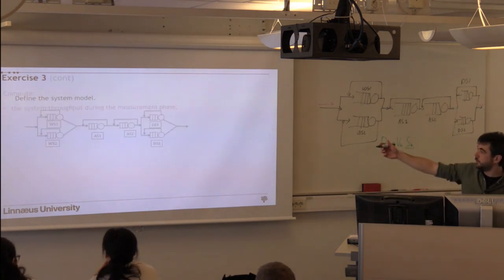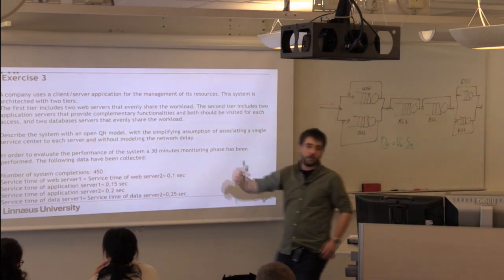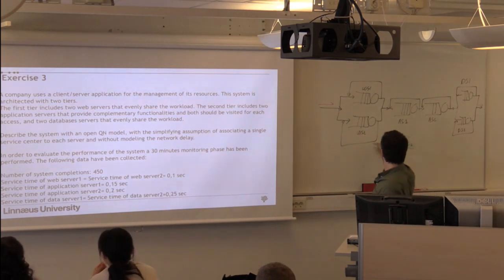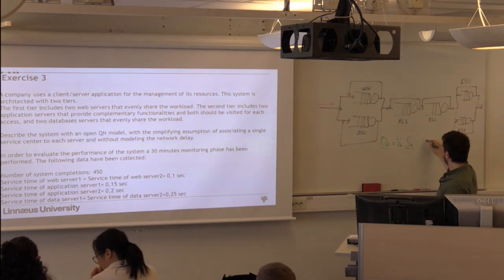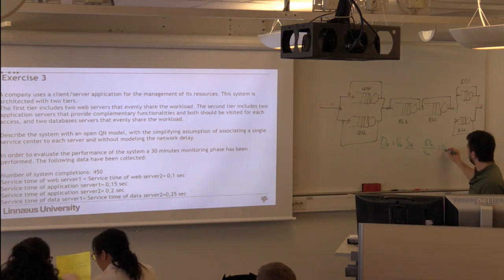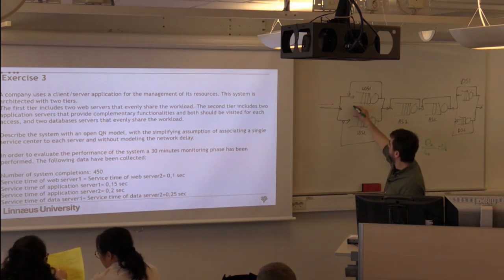So the demand divided by the service time is equal to the number of visits. For the first one, this was 0.2 divided by 0.1.